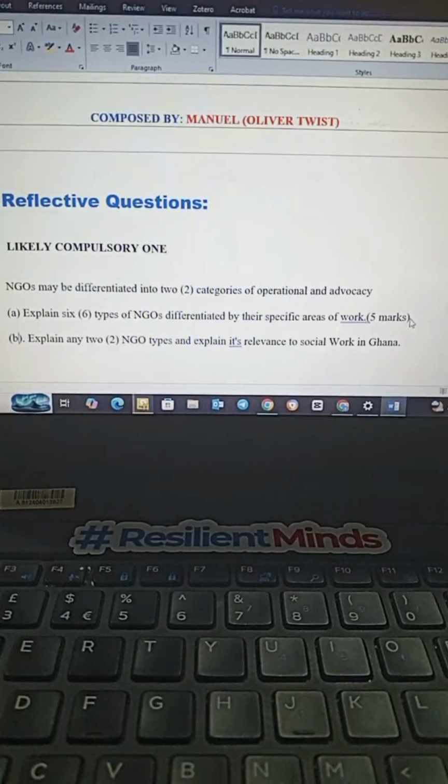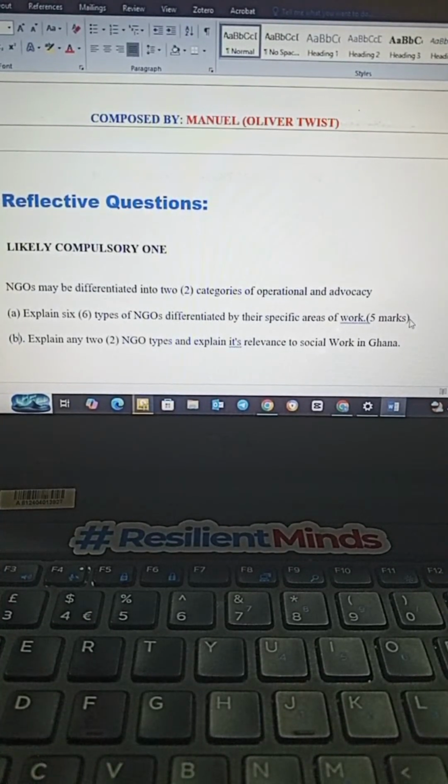Now the fifth type of NGO is INGO. INGO is what? It's international NGOs. What example can we give under INGO? USAID is an example of INGO. We can also give Oxfam. So Oxfam and USAID are examples of INGO.